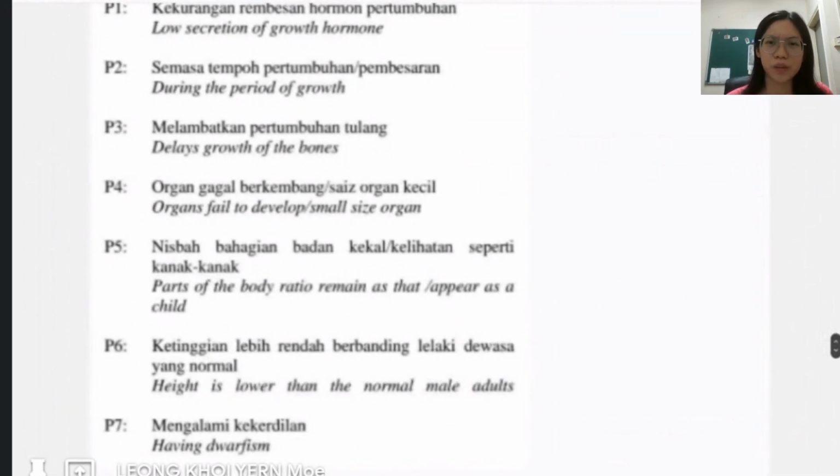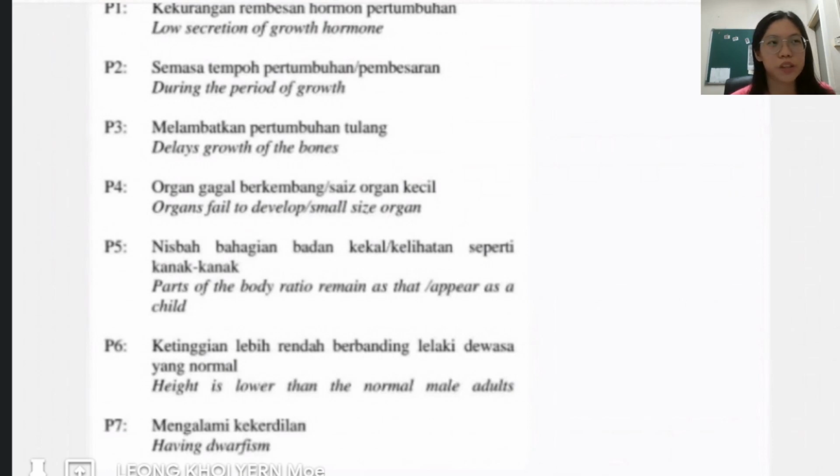So that's basically what I mentioned. Other than that, you can also mention that organs fail to develop, or are not fully developed.